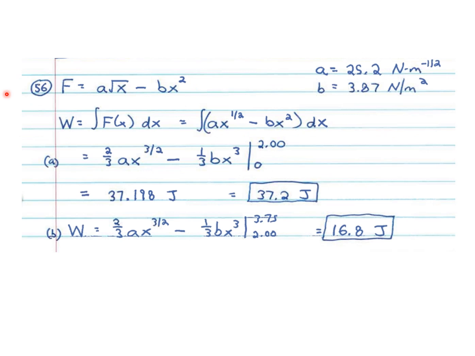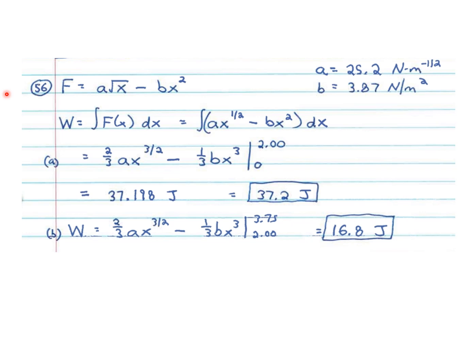Number 56, a force with magnitude given by F equals a square root of x minus bx squared acts in the x direction. And you can see on the right-hand side of the page how a and b are defined. Find the work this force does on an object moving from, part A says from 0 to 2 meters, part B from 2 meters to 3.75 meters.